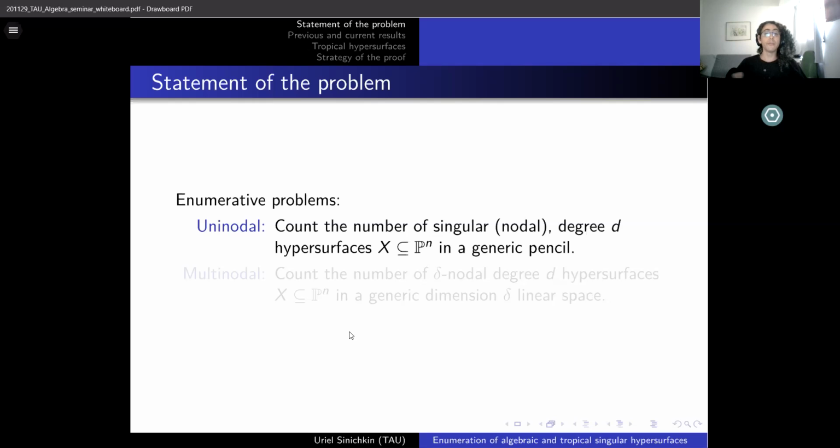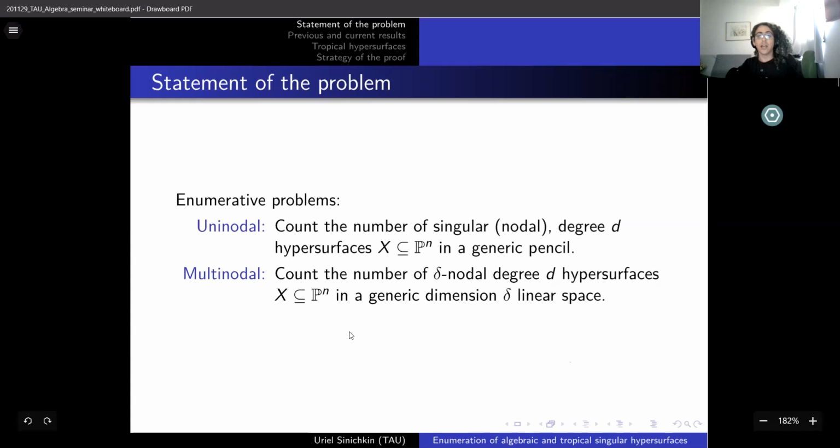And for dimensional reasons, since having a singularity is a codimension one condition, the singular points that we will have will be nodes, which are the simplest singular points possible. And again, for dimensional reasons, since we pick a generic pencil, we will get a finite number of such points. So if we take a codimension one condition in a dimension one family, we get a dimension 0 solution, which is a finite solution. Okay.